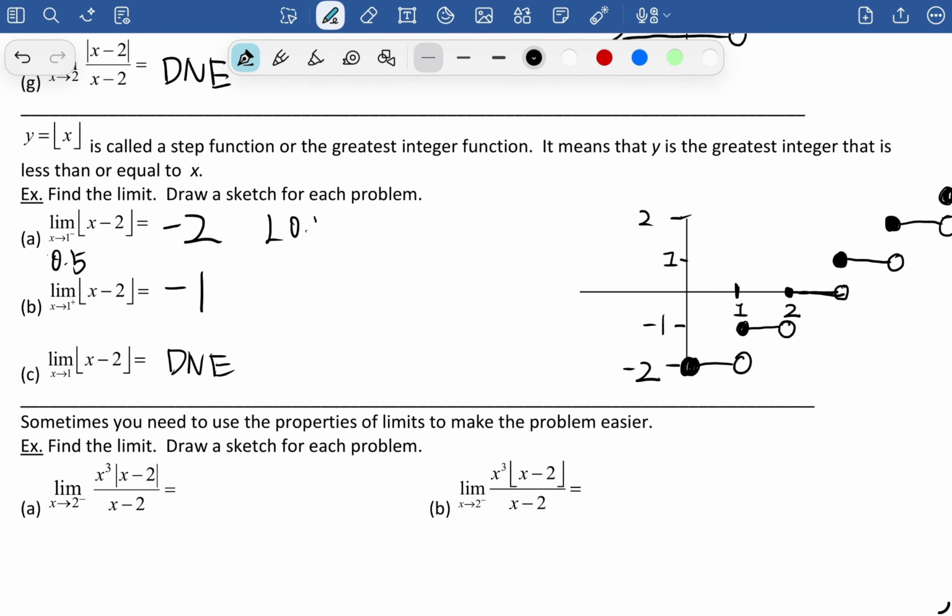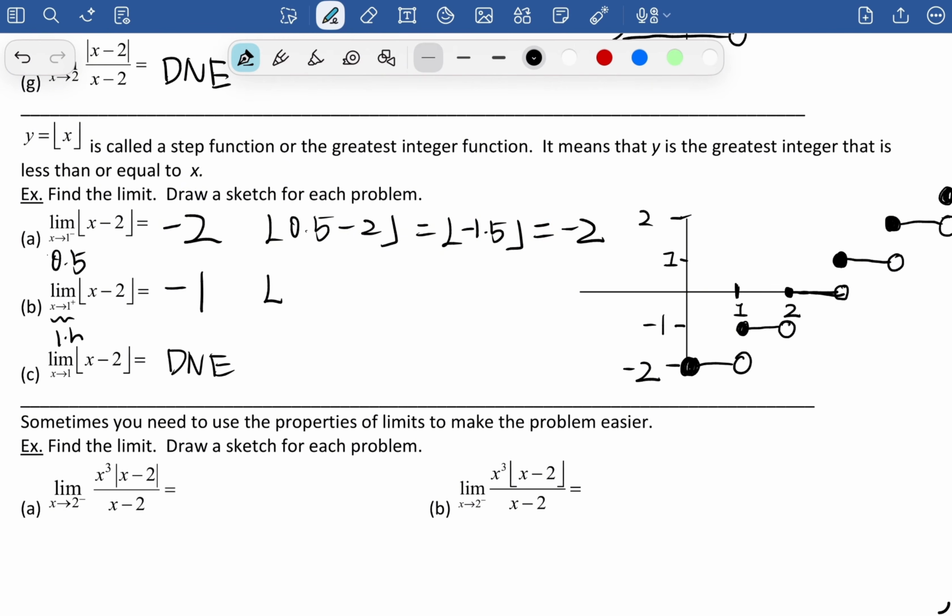So what is 0.5 minus 2? This is going to be -1.5. What's the greatest integer that's less than -1.5? Which is -2, right? And it's the same thing for x approaching 1 plus. We can find a value that's larger than 1 but close to 1.